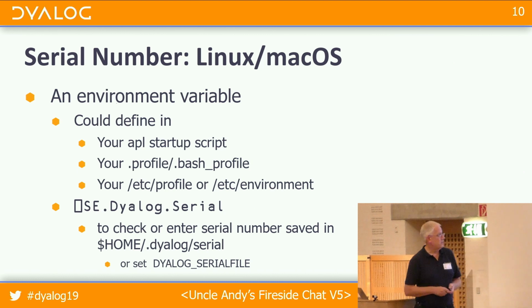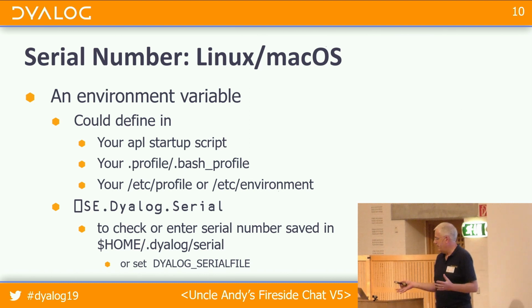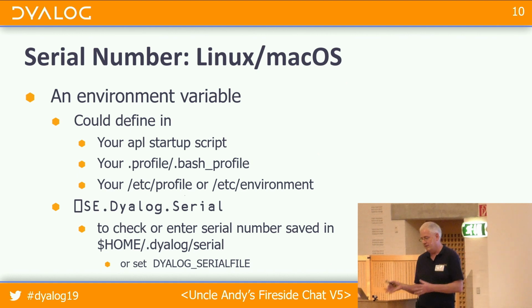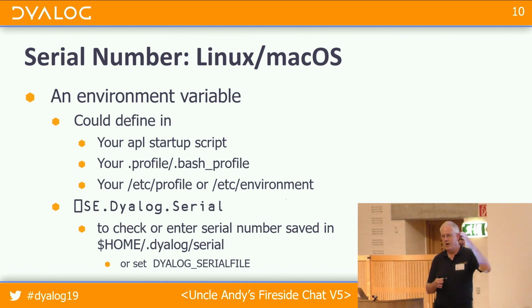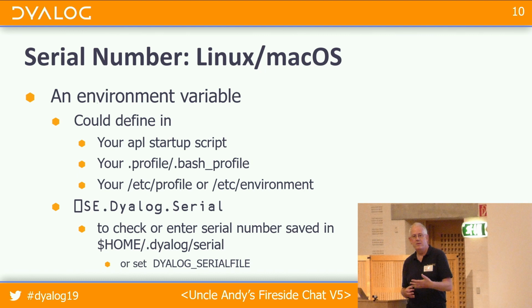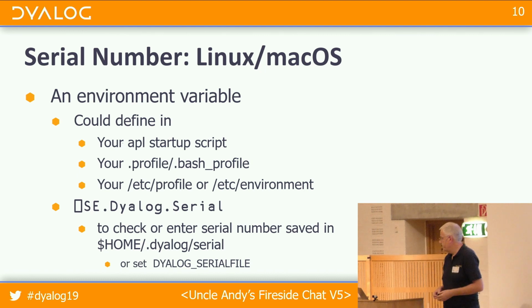On Linux and macOS, it's just another environment variable. So you could define it in your APL startup script. What we ask, and we'll come to that in a minute, is don't fiddle with the mapl script we supply. Define your own startup script that calls mapl, because all the environment variables have default values in our script, but if you override one of them, then we use your value, not ours.